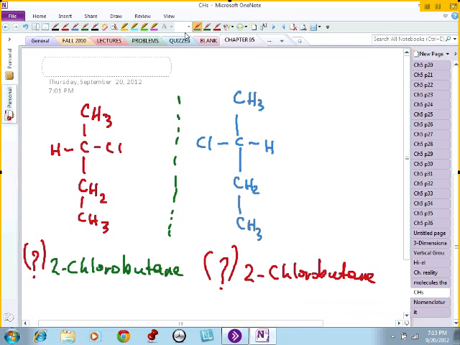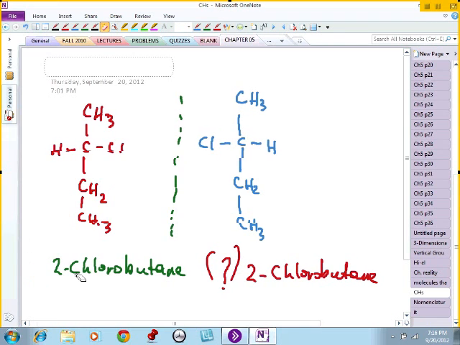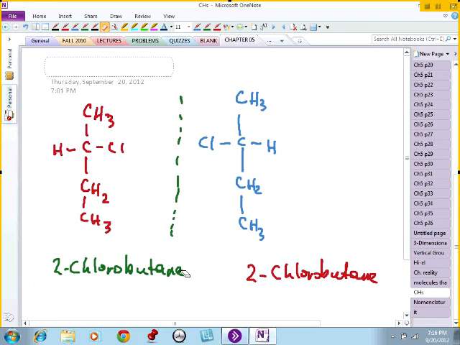So what will be the name of these two molecules, therefore? We already know the base name, yes. Okay, so let us assign priority to them. Let's start with this. This is A, because chlorine has a greater atomic number than carbon or hydrogen. Now, what is priority B between the ethyl and the methyl?